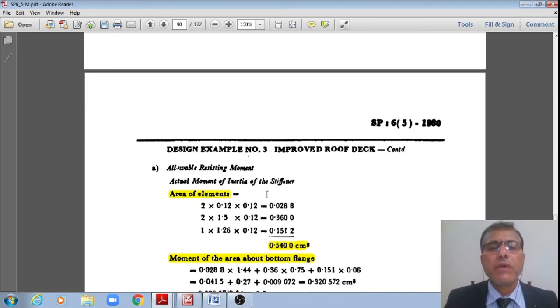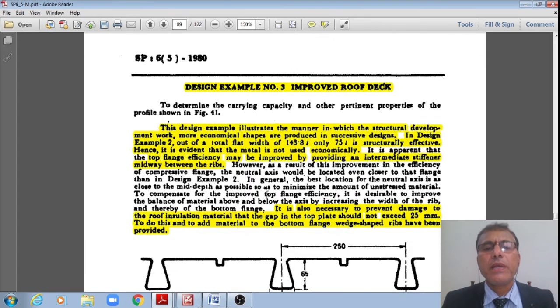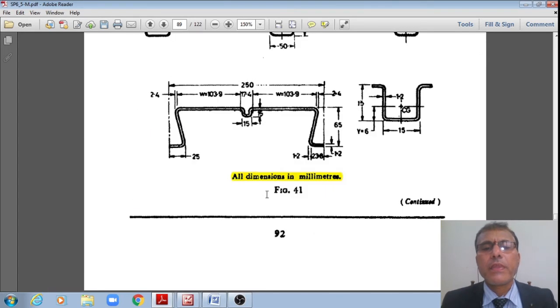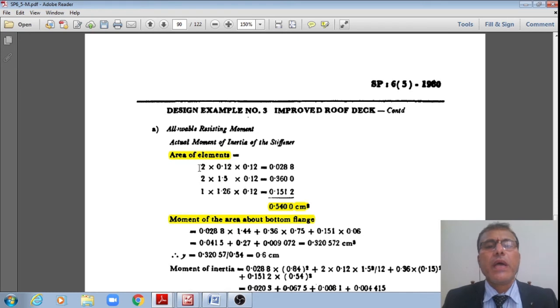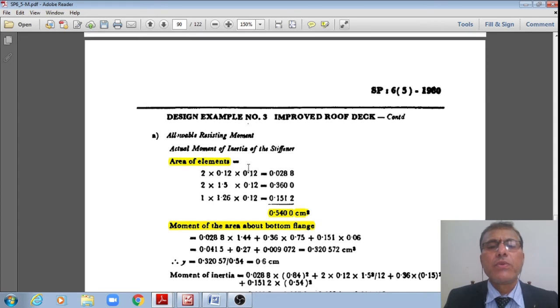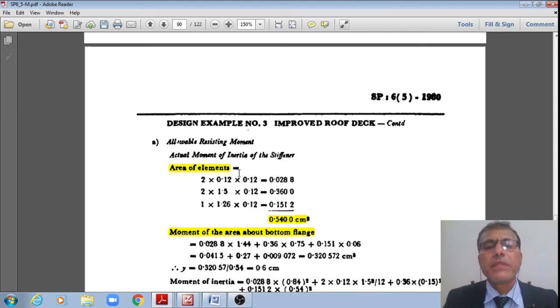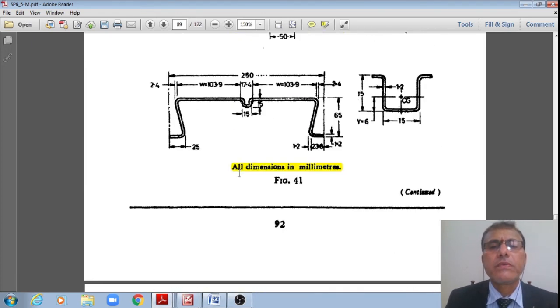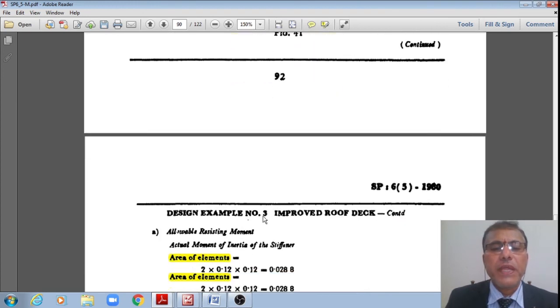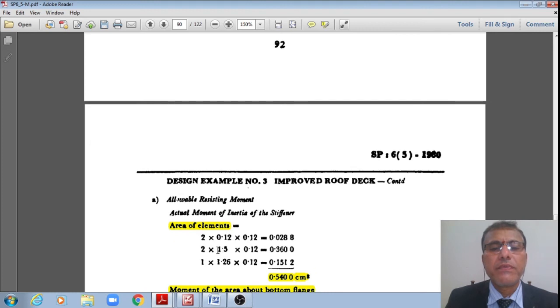If I want to calculate the allowable resisting moment, in the first bit, the actual moment of inertia of these stiffeners, the area of these elements. We do have one stiffener, with 2 multiplied by 0.12 with a depth of 1.5.